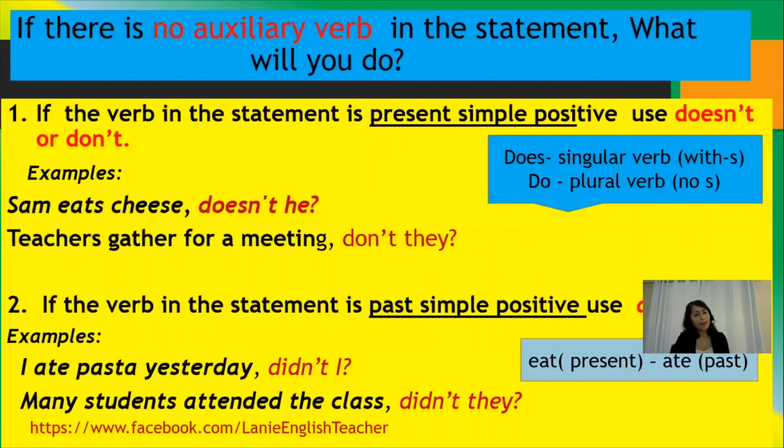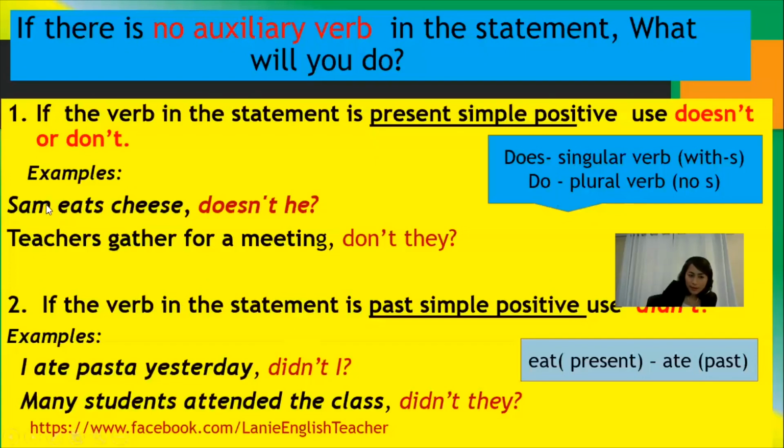If it ends with S, it's singular verb. Now, we use do for plural verb. How do you know if the verb is plural? It's very simple. It's without S. All right? Singular verb with S, plural verb without S. That's a very simple technique that I want you to learn. Now, let's see the following examples.